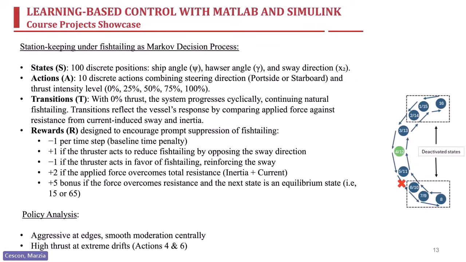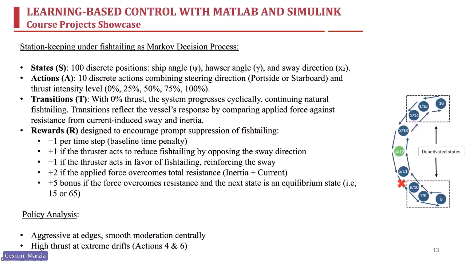Okay, we consider the station keeping under the fishtailing phenomenon as a Markov decision process. We consider states as 100 discrete positions depending on the ship angle, the hawser angle, and the sway direction. And we have postulated 10 discrete actions, combining the steering direction, whether starboard or port side, and we modulated this with 5 levels of thrust intensity.